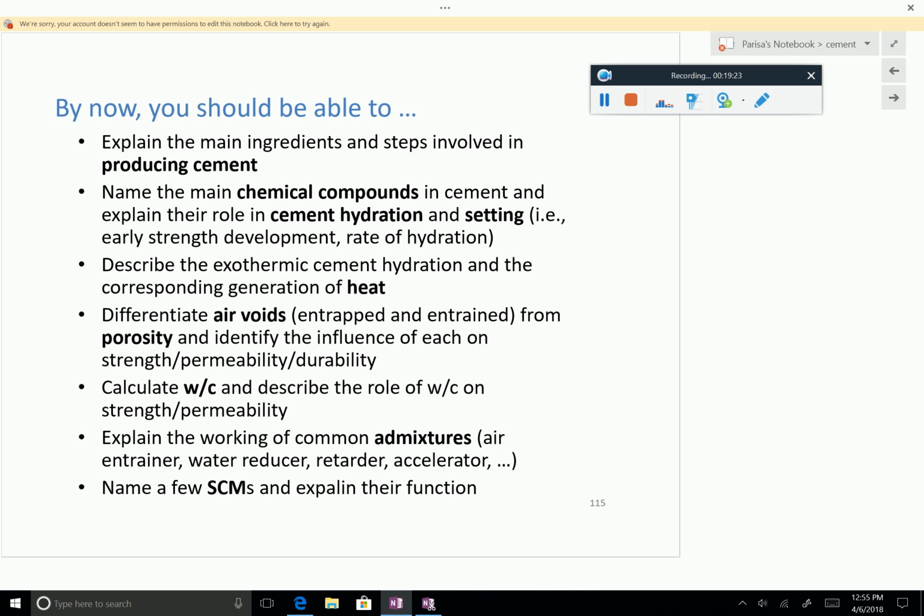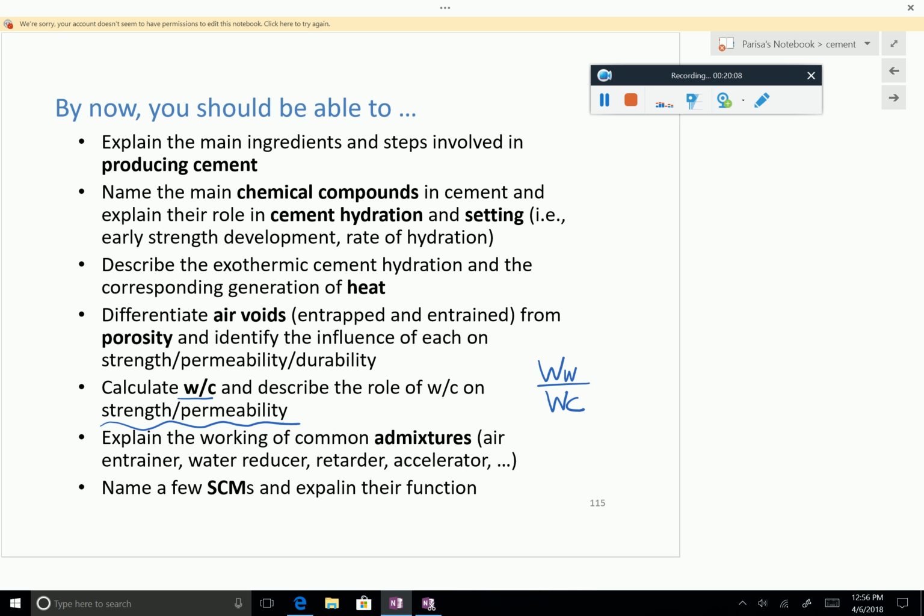It's important to understand porosity and the fact that porosity is affected by capillary pores, and there are also air voids in concrete which also reduce strength, but they are not as important in the strength and permeability properties of concrete. Understand water to cement ratio, which is just the weight of water to the weight of cement, and see how it affects strength and permeability. We looked at some graphs together, so it's good to have that in mind.